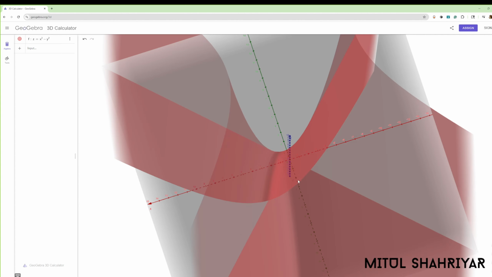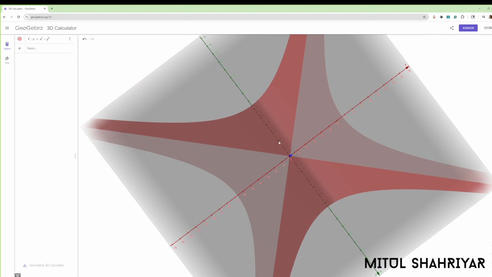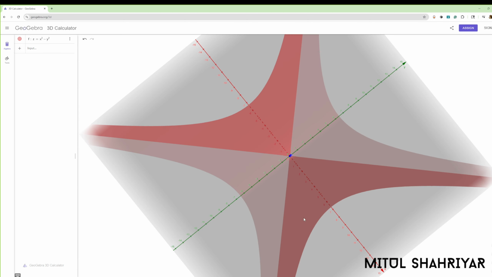So you can check this in various ways, right? So this is the x, z axis, and we can just drag this graph and check this out.